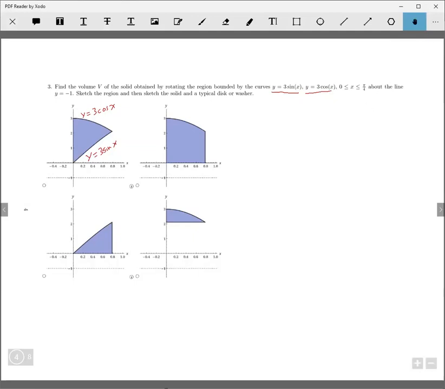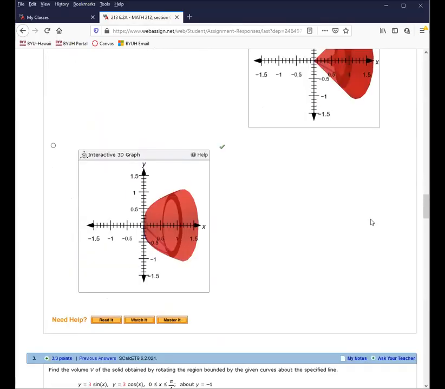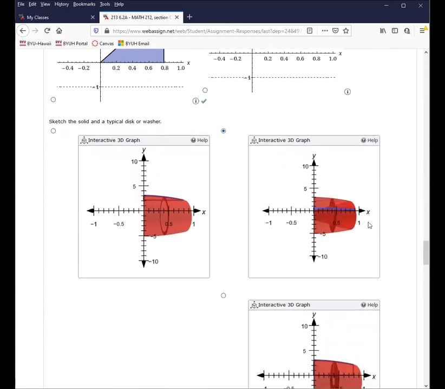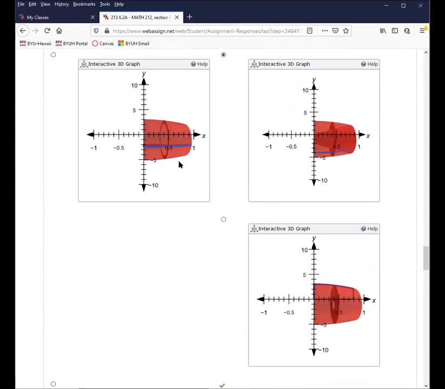Let's take a quick look at WebAssign. No, that's not it. This looks like it right here. That top one is y equals 3 cosine x, that blue one going to the top.